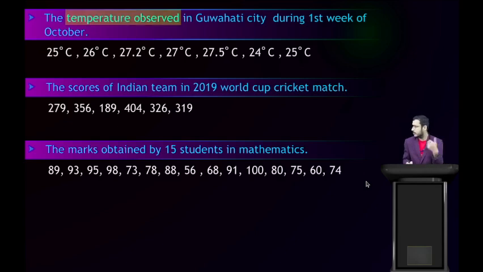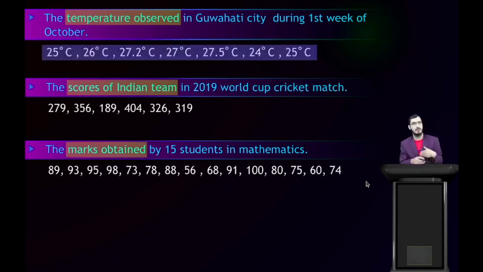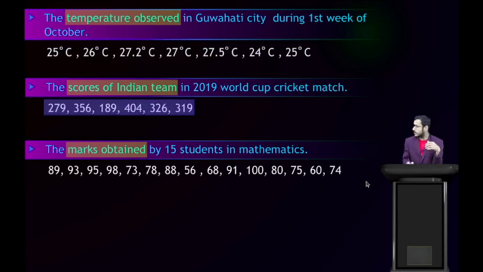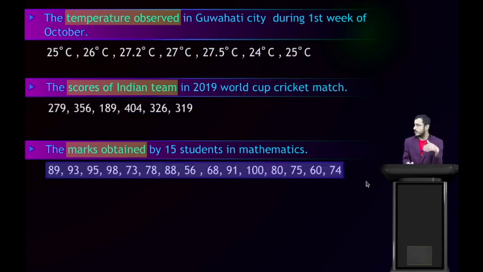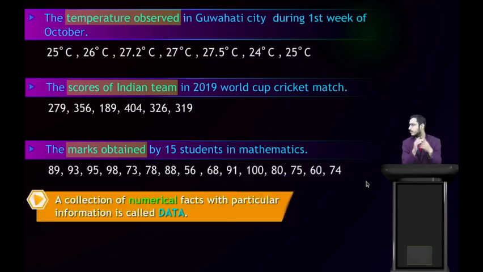All are data. In all 3 examples we are using numerical figures. So a collection of numerical facts with particular information is called data.